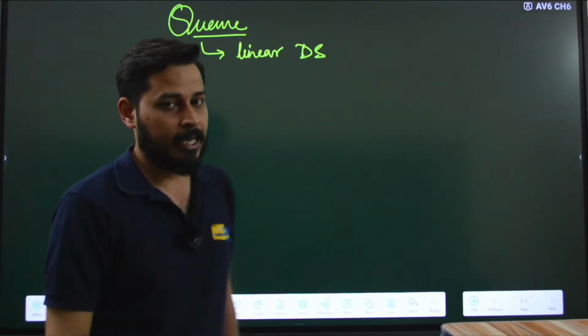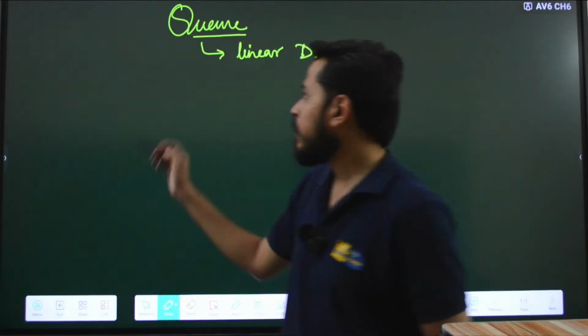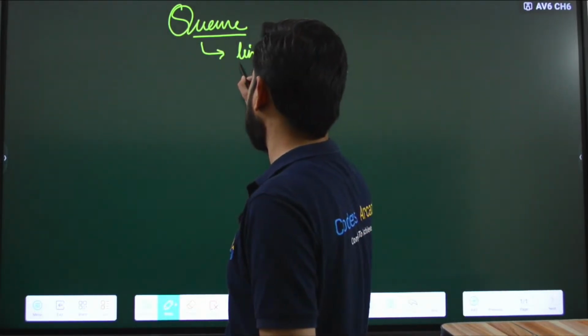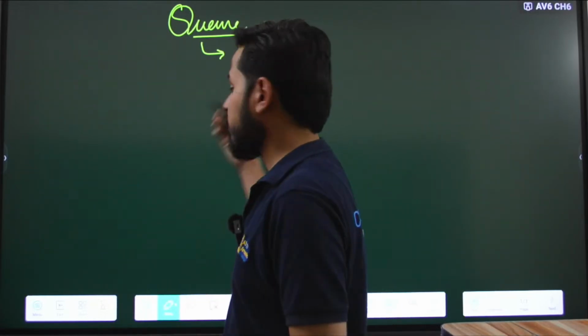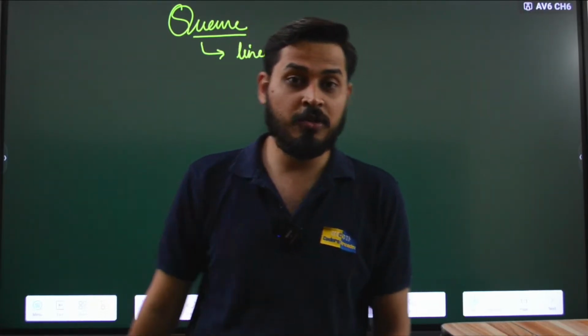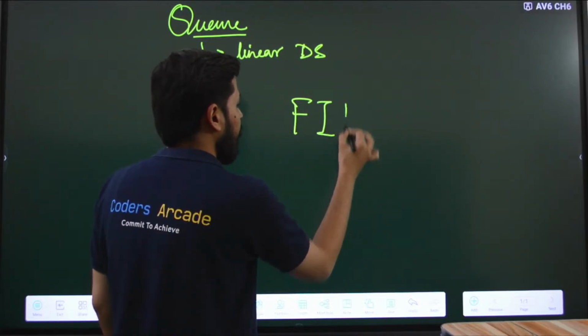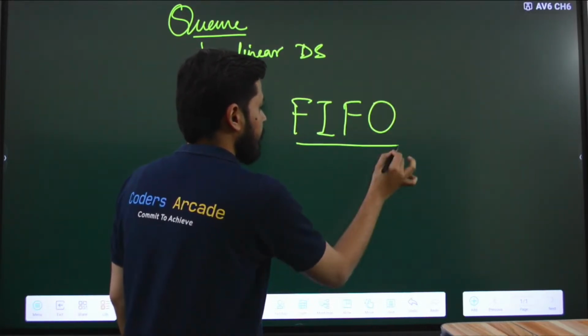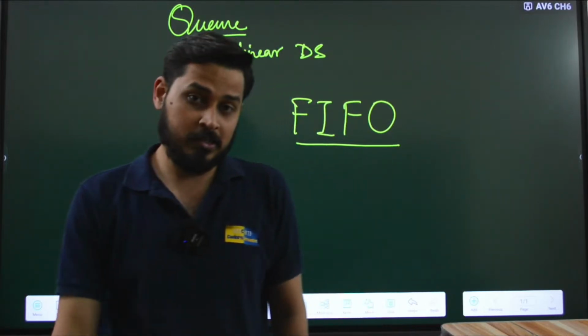It is a type of linear data structure, and it is the data structure where the concept of first in, first out gets implemented. Now if you don't know what is first in, first out and first in, last out, let me just explain.